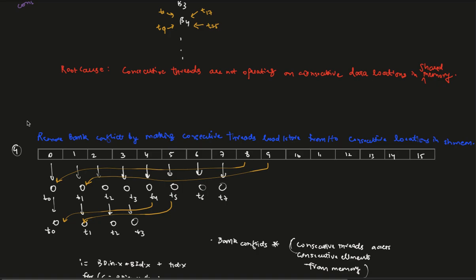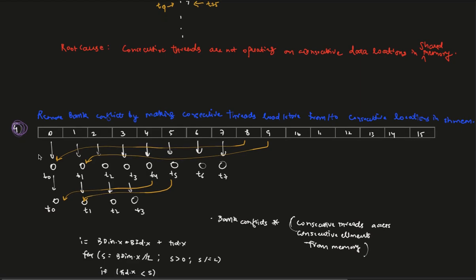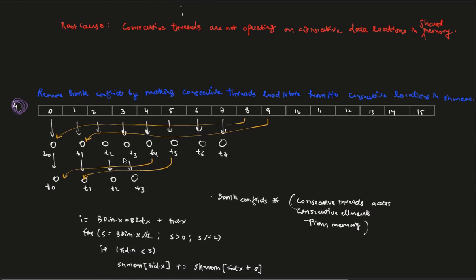So the fourth implementation we'll be discussing does exactly this, where in iteration 1, thread 0 calculates the sum of this and this. Thread 1 calculates the sum of this and this.